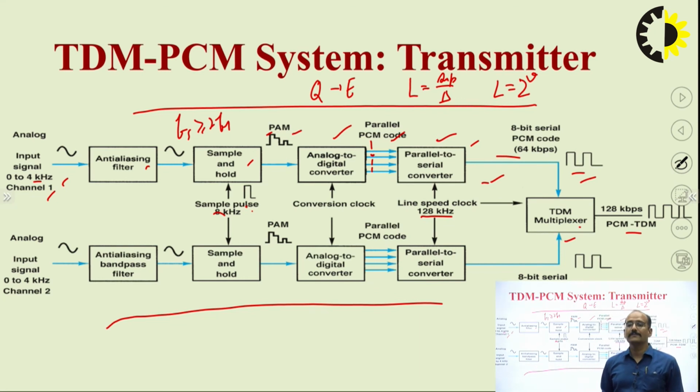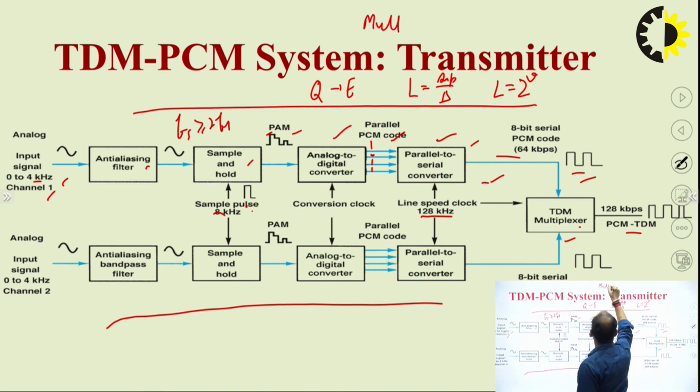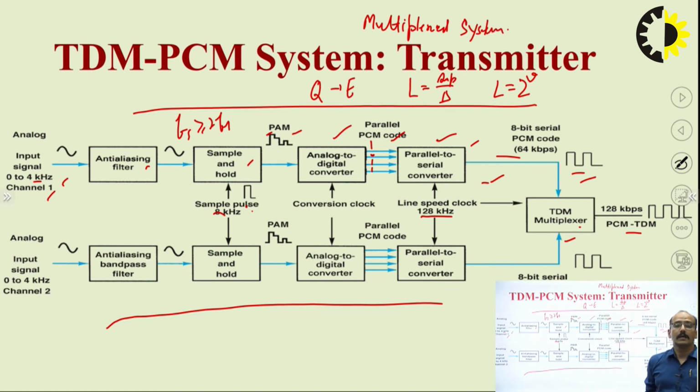As far as the main consideration of the second unit of the telemetry system is concerned, our main aim is the multiplex system, meaning we are actually creating a multiplex system compatible with the available telemetry system.